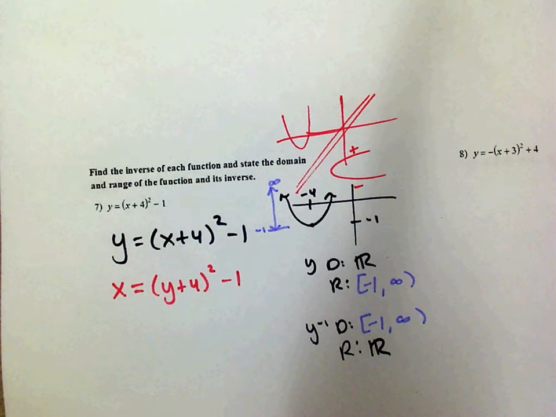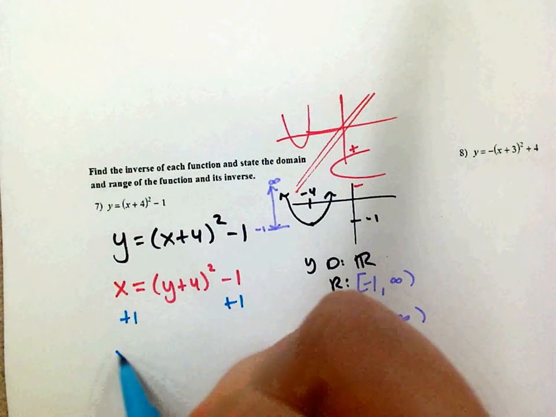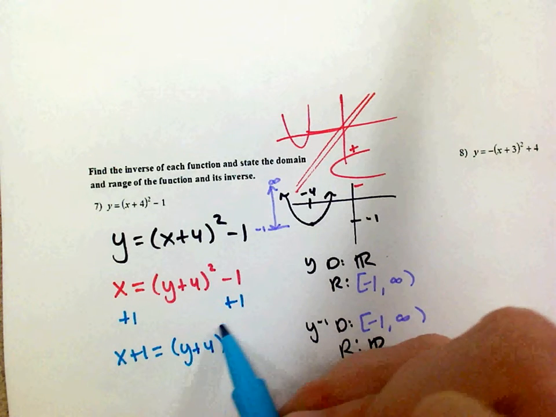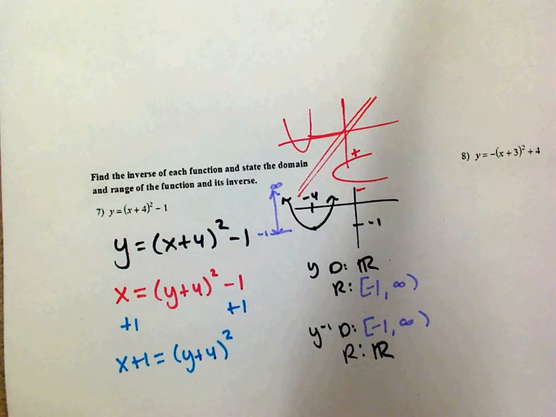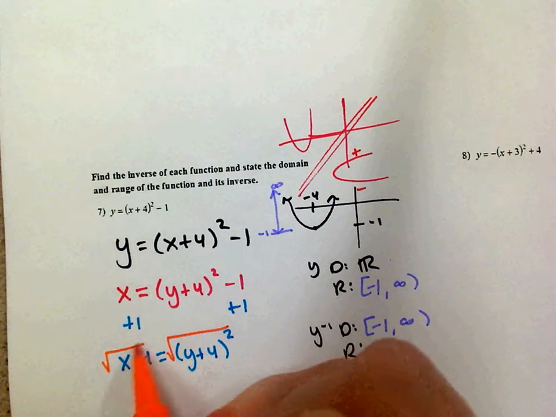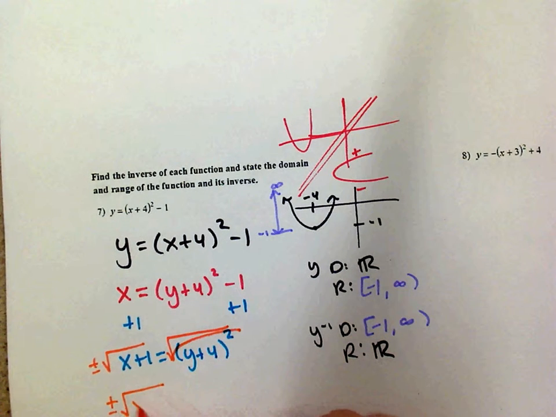Next step, I'm going to add the 1. So I've got x plus 1 equals (y plus 4) quantity squared. I need to get rid of the square, so I take the square root. And when you take the square root, you've got to remember that there are two answers, plus and minus. So I have plus and minus square root of x plus 1 equals y plus 4.